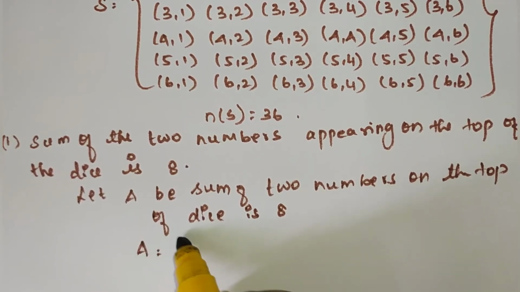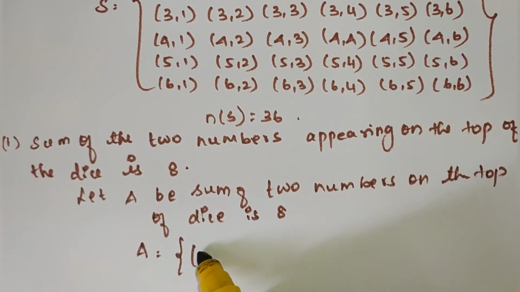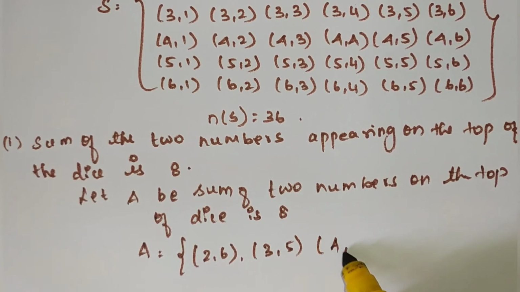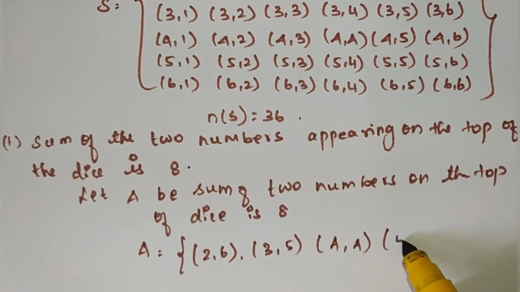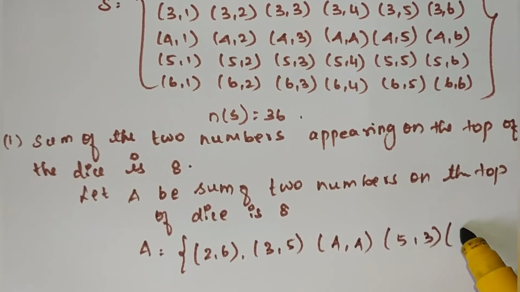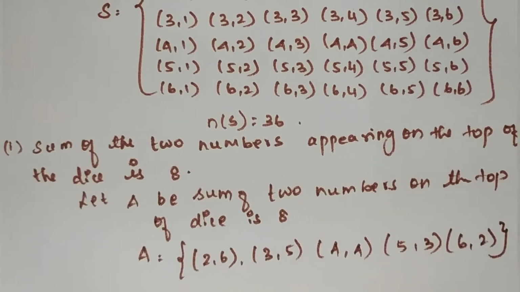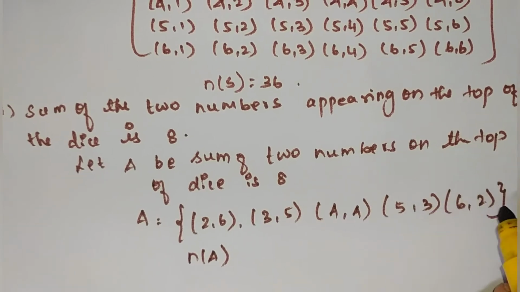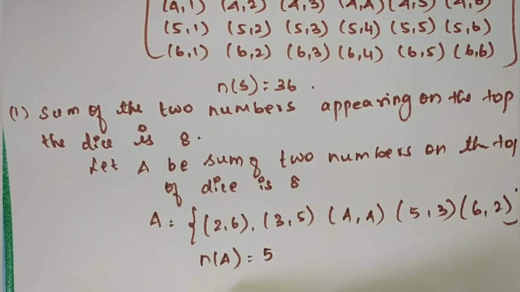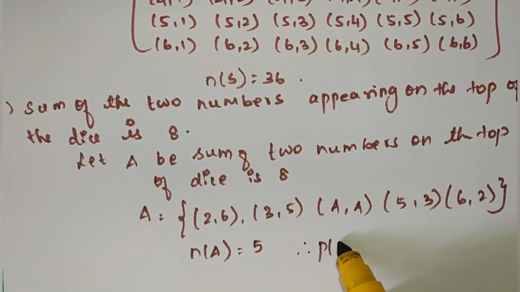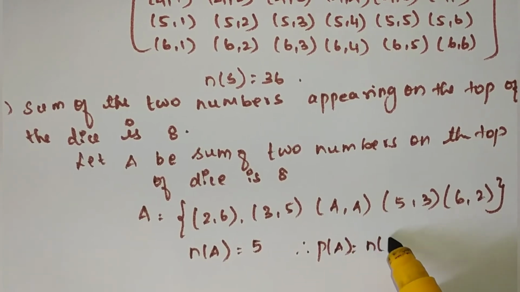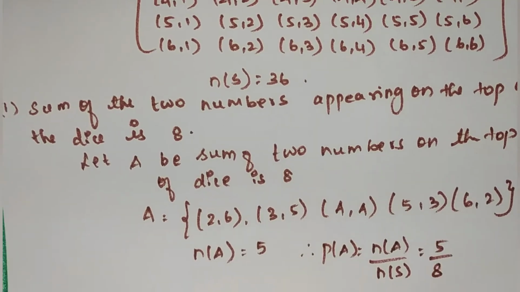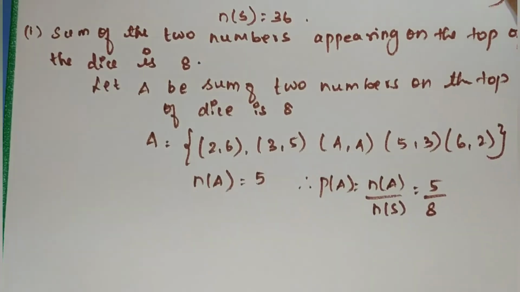So A is equal to, first write all the numbers: (2,6), (3,5), (4,4), (5,3) and (6,2). Then N of A is equal to what? 1, 2, 3, 4, 5, which is equal to 5. Therefore P of A is equal to N of A divided by N of S, 5 divided by 8. So the answer is 5 divided by 8.